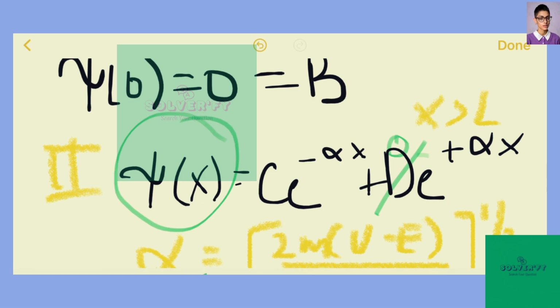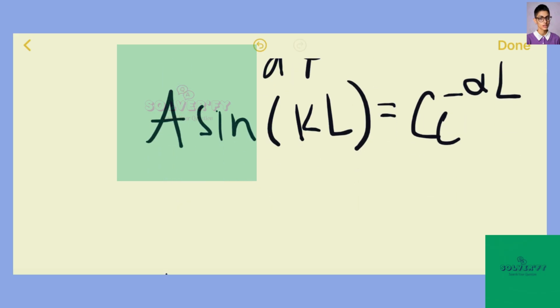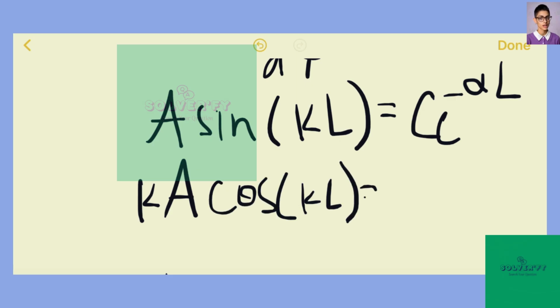Okay, this also gives us, so for the derivatives also need to be continuous, kA cosine of kL is equal to negative alpha C e to the negative alpha L.